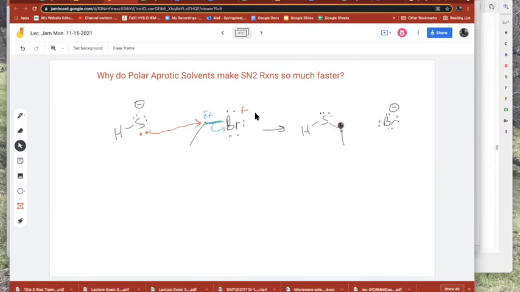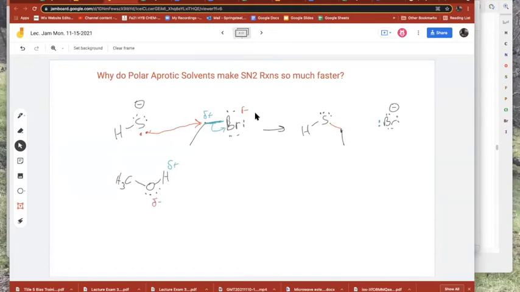As this is occurring, if you have a polar protic solvent, say methanol, since that was in our table, it can solvate the nucleophile strongly.